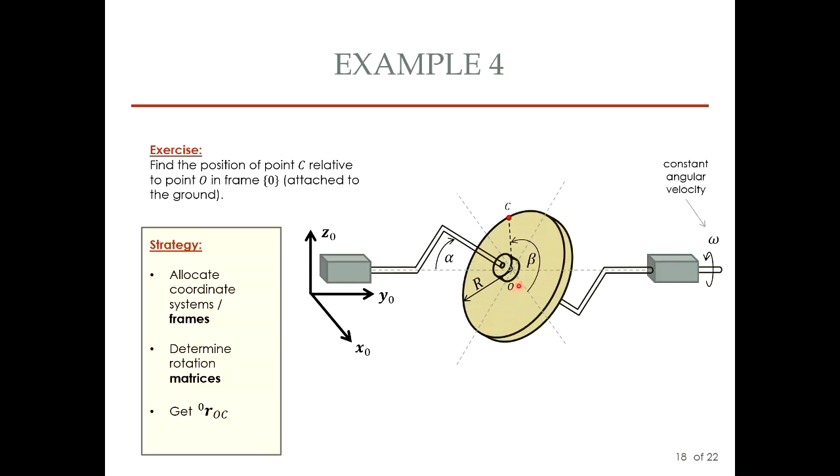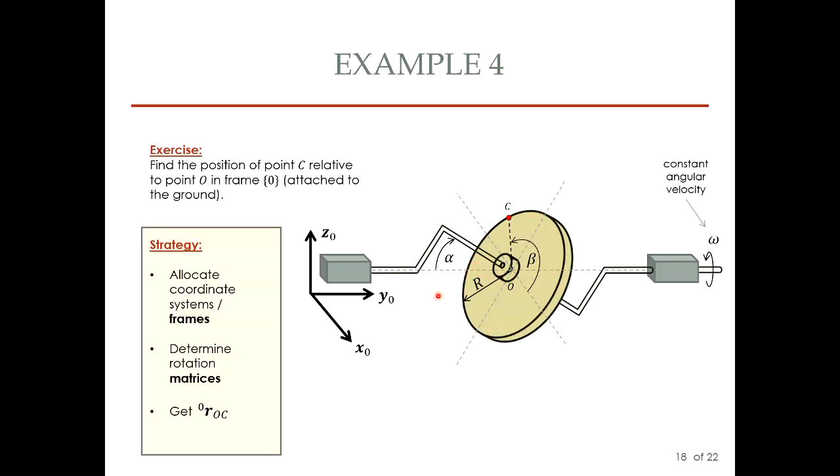And the question wants you to find the vector from the center of the wheel, point O, until point C on the perimeter of the wheel. And this wheel is mounted on this shaft. So the wheel itself is normal to this part of the shaft, and this part is with an angle to this part of the shaft, and this angle is alpha.